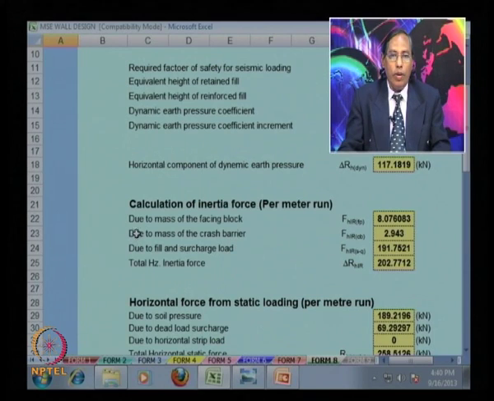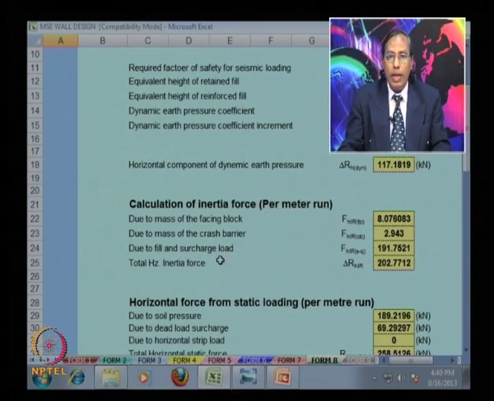Calculation of the inertia force per meter run due to the mass of the facing block, that is FH1R, FP, is 8.076083. Due to the mass of the crash barrier, I have told about the crash barrier in the beginning, this FH1RCB is equal to 2.943.